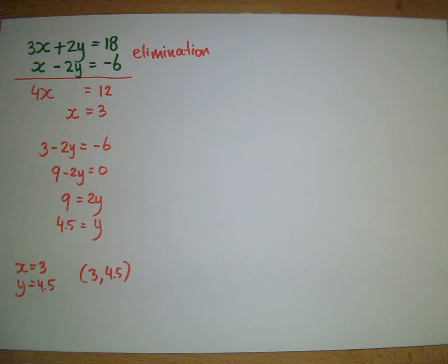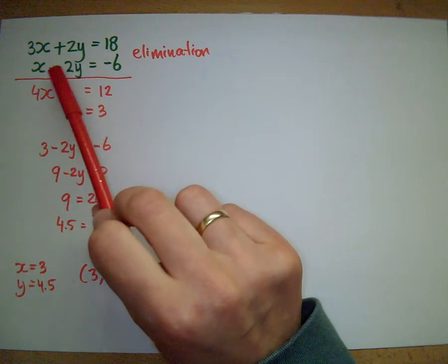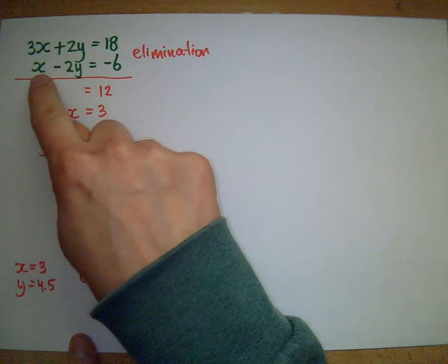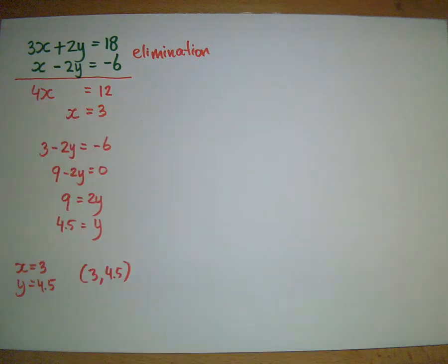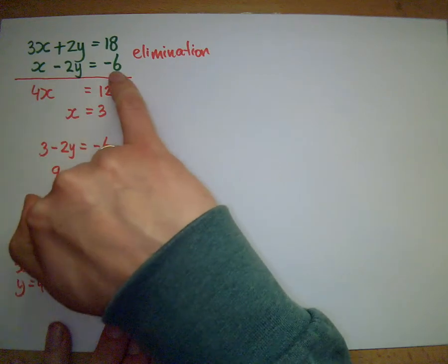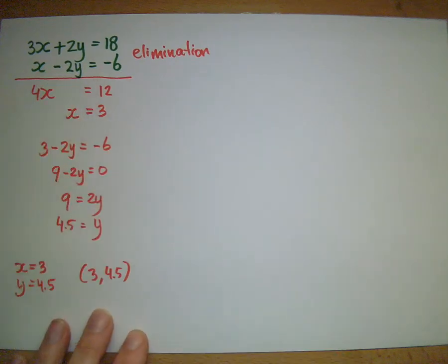Now I want you to realize that here in this bottom equation, x is by itself, so we could easily rewrite this equation with x as the subject and then see what we can do.